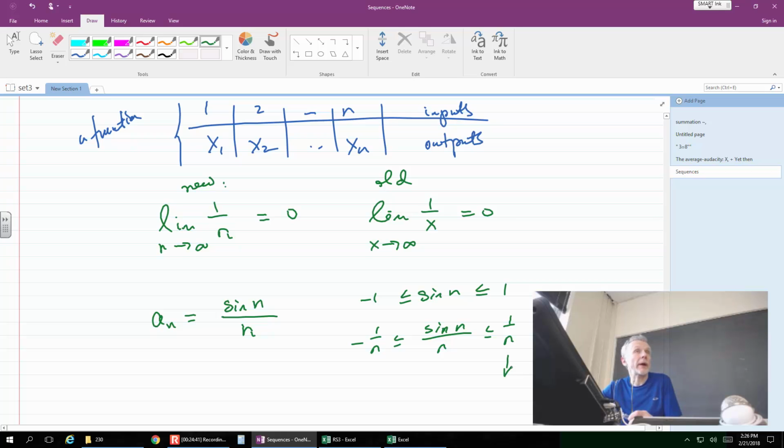What's the limit of 1 over n? 0. Limit of -1 over n? Also 0. So, which proves that the limit of sine n over n is also 0. According to a certain theorem, if you remember the name, it is the squeeze theorem, yes.